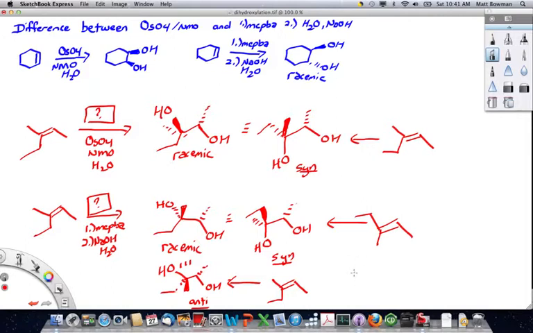Okay, so that's another type of problem where I give you a diol and an alkene, and you have to tell me what conditions were used to generate that diol. And your options are either going to be osmium tetroxide, NMO, and water, or mCPBA followed by sodium hydroxide and water.